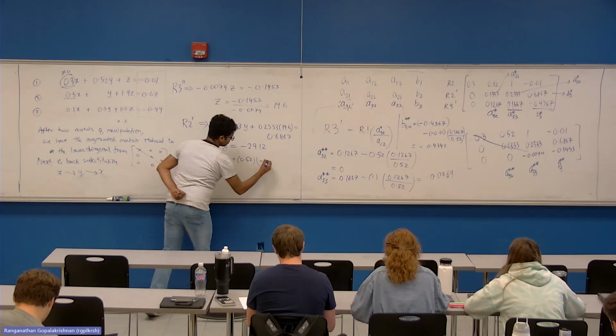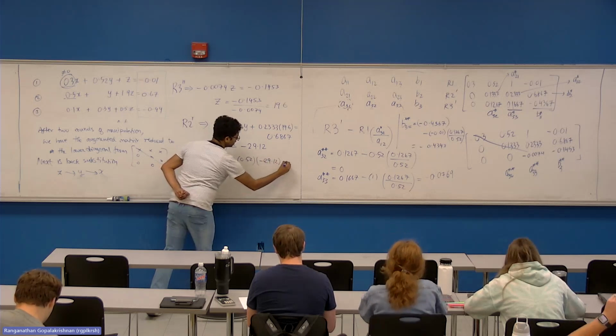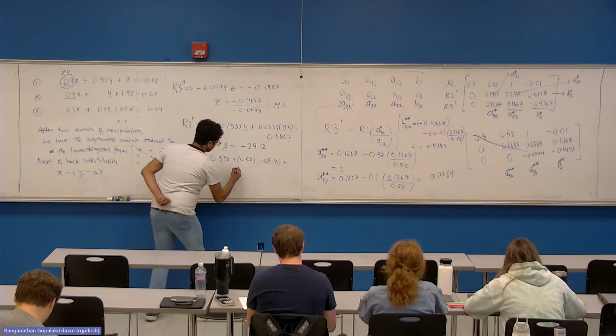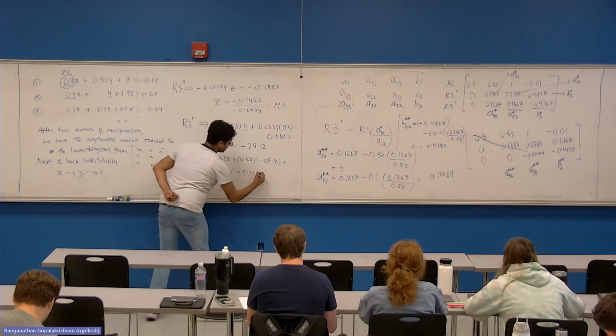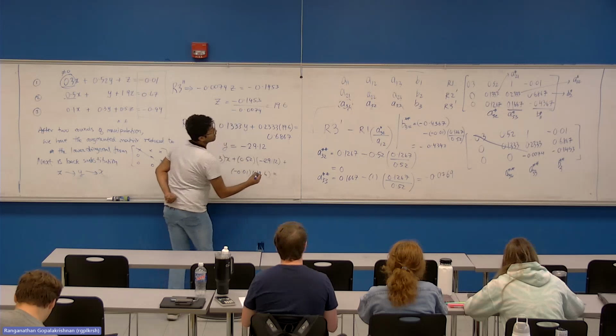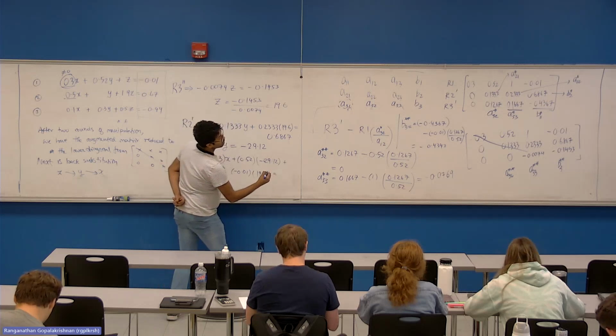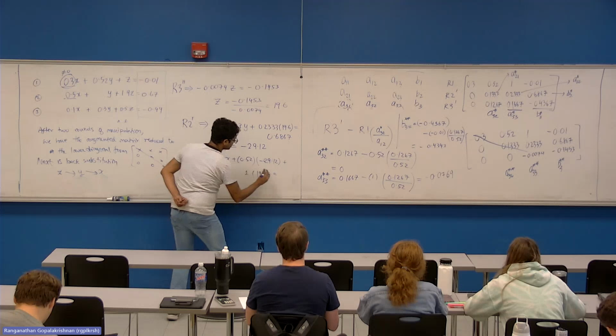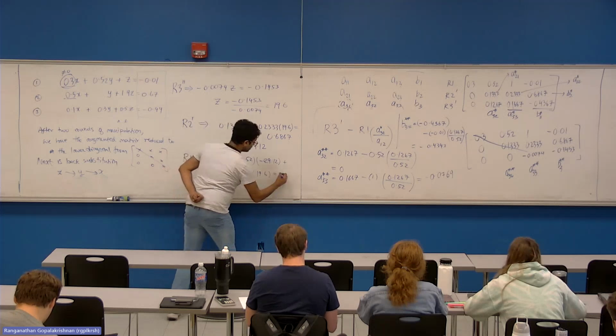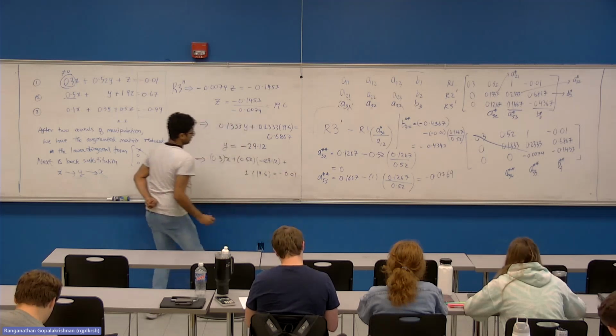Okay. And then if you go to row 1, you're going to get 0.3 times x plus 0.52 times y, which is minus 29.12, plus z, which is minus 0.1 times 19.6, and that is equal to minus 0.01.